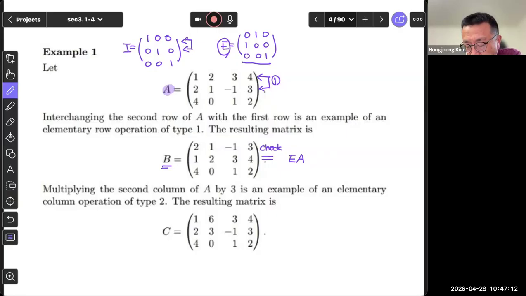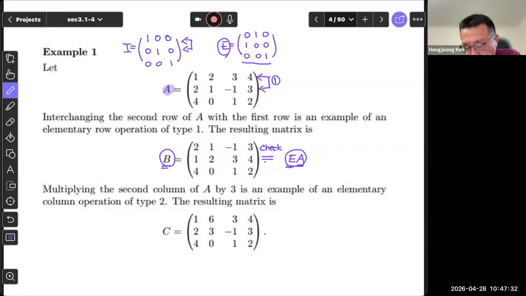So given A, when you multiply E from the left, you can check that this product will be the same as B. That is one very special property of an elementary matrix.